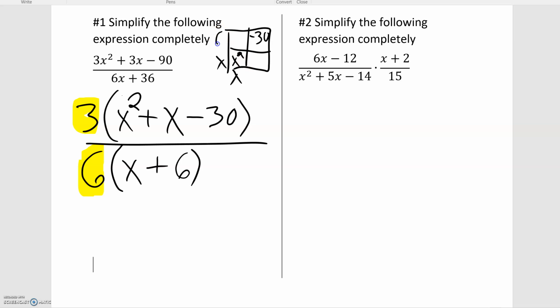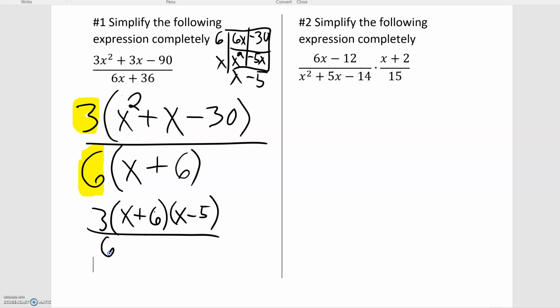I bet 6 and negative 5 would work, because 6x combined with negative 5x gives me just 1x. So now my numerator is 3, parentheses x plus 6, x minus 5, over 6, parentheses x plus 6.